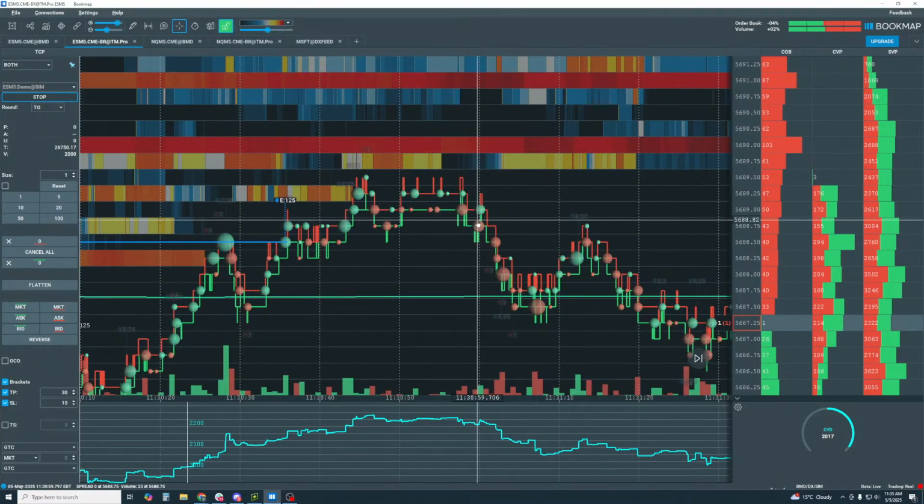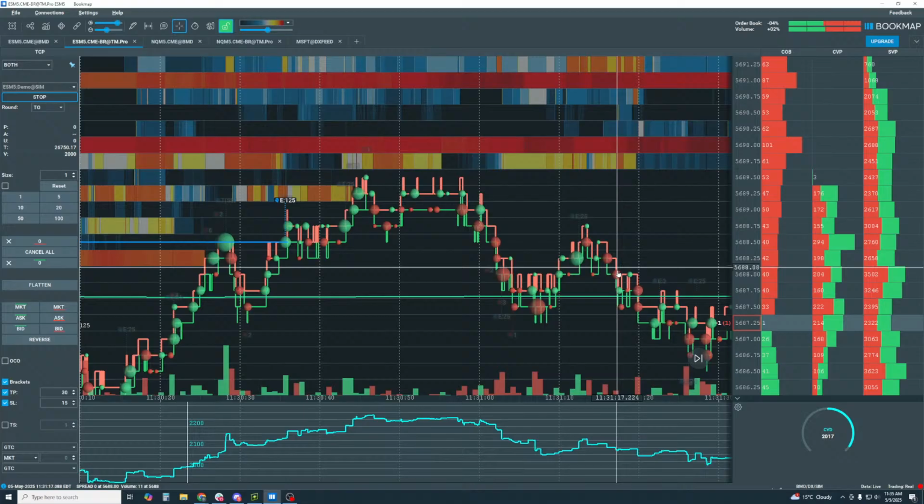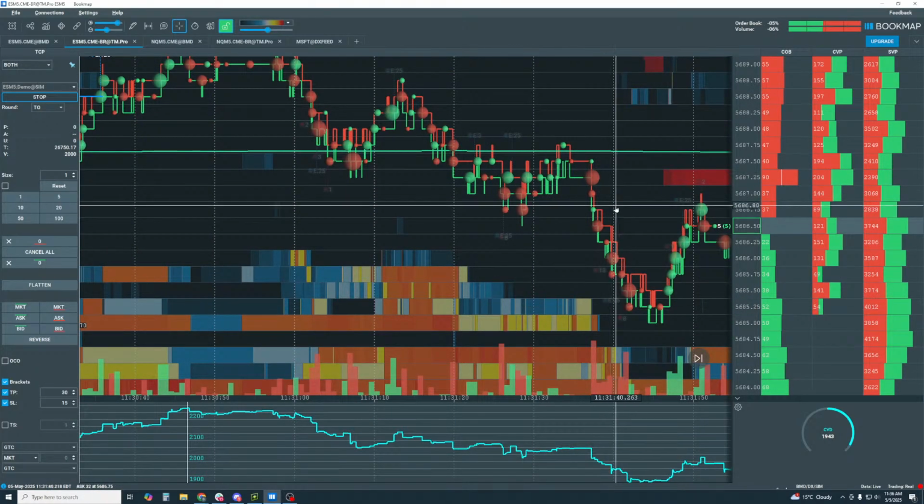So we missed this one, right? But there's very little buying up in here where these sellers dropped it, and we look for the sellers to come back in and take it down to the bottom of the range, and continuation as well.